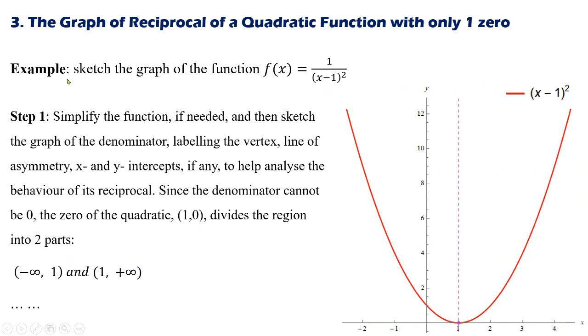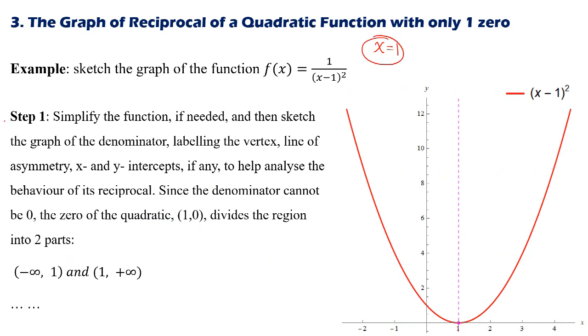So this time, let's have a look at this example. Sketch the graph of the function f(x) equals 1 over the difference between x and 1 to the power of 2. Apparently there is only one zero, which is x equals 1 with the order of 2.